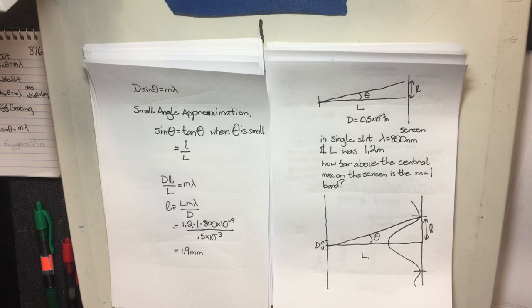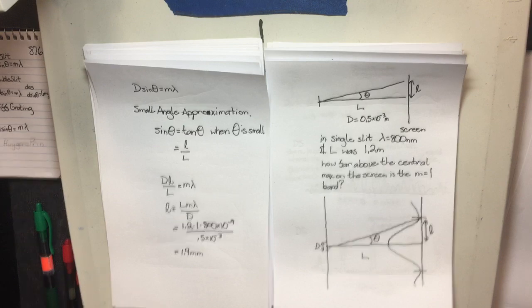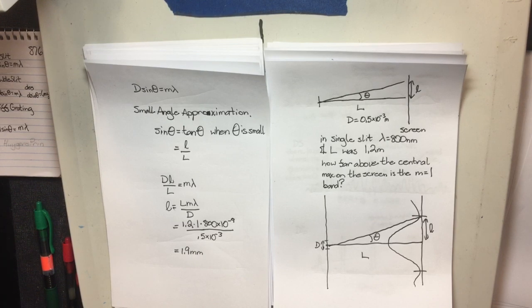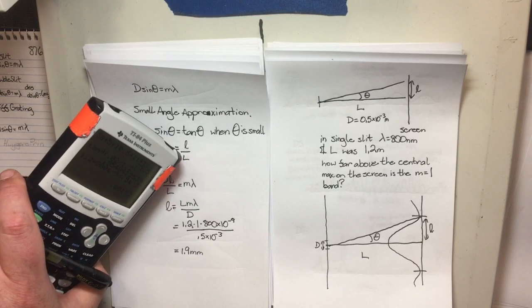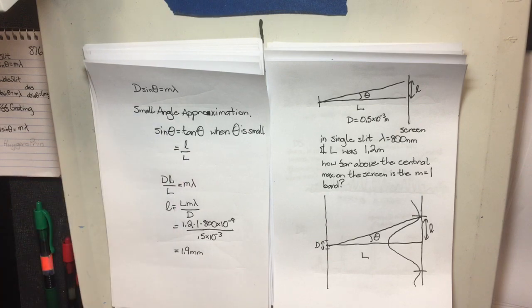Yes? Why can't, like, using the sine theta equation, why couldn't you just solve for theta and then use... You could. Good. I say that sine theta is equal to tan theta, which is equal to little l over big L. And I substitute that in.